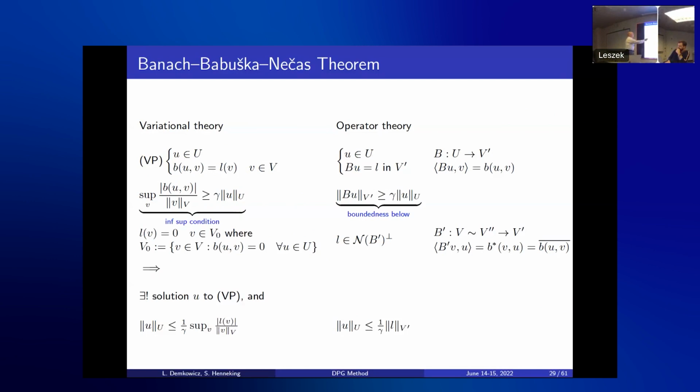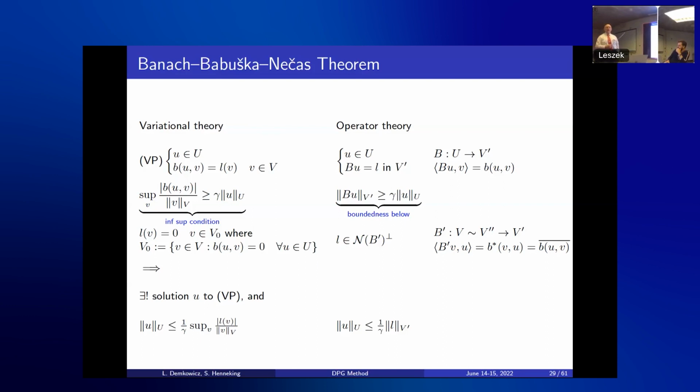So here's a traditional variational problem, the famous inf-sup condition of Ivo Babuška, and the compatibility condition. If you translate that into the operator statement, you're looking at the closed range theorem of Banach. So the Babuška-Nečas theorem is nothing else than the restatement of the classical closed-range theorem of Banach.